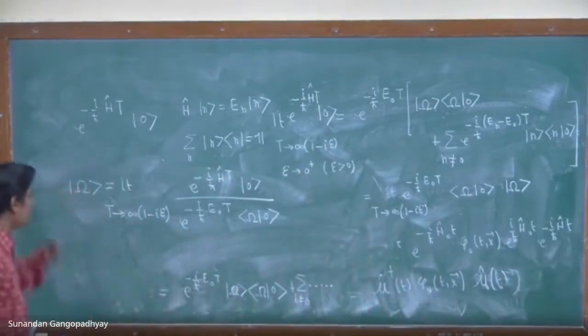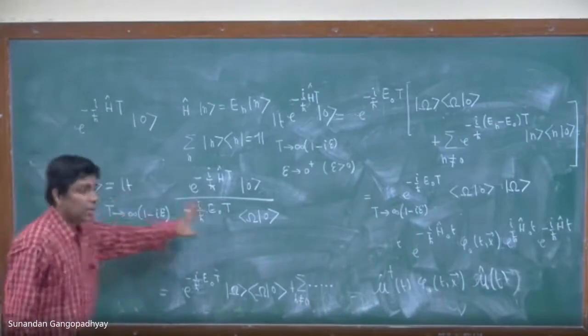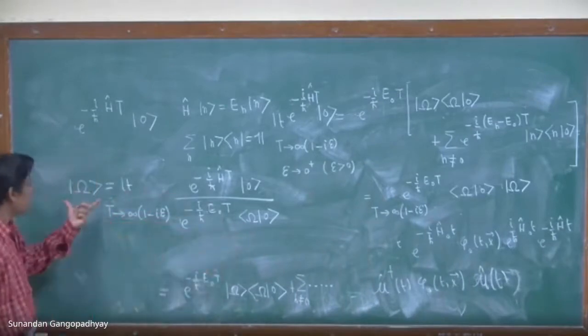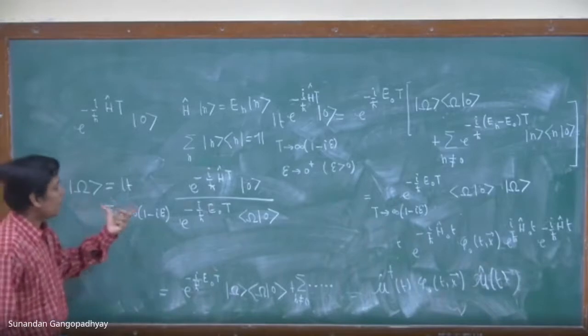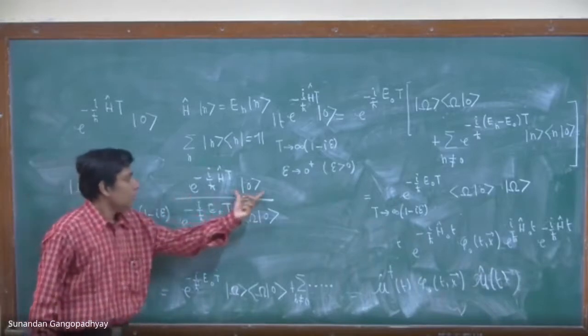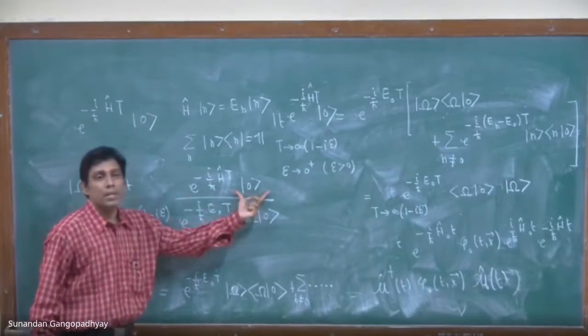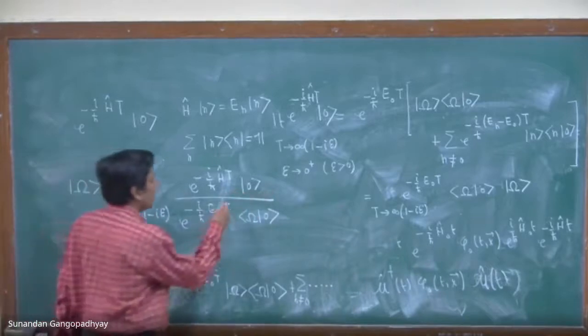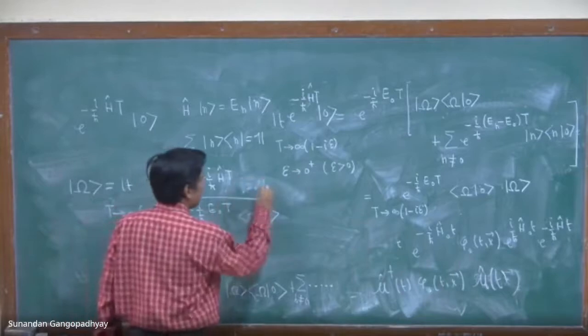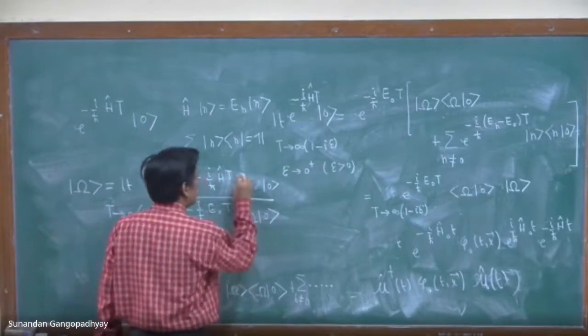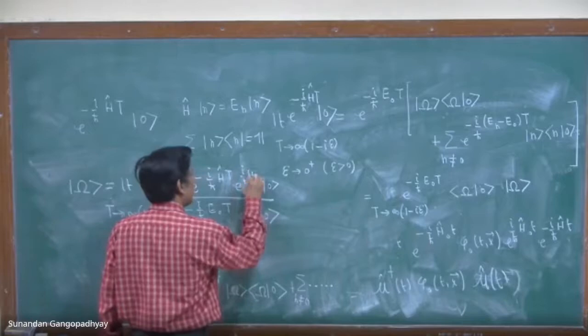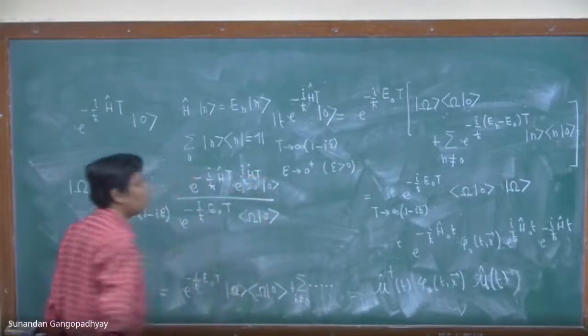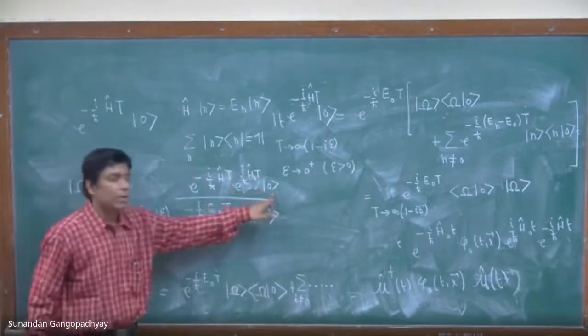But why is this result important? It is important because you can see that |Ω⟩ now gets related to the ground state of the free field Hamiltonian. You can write this as e to the power of i Ĥ₀ t, because Ĥ₀ acting on |0⟩ gives 0.